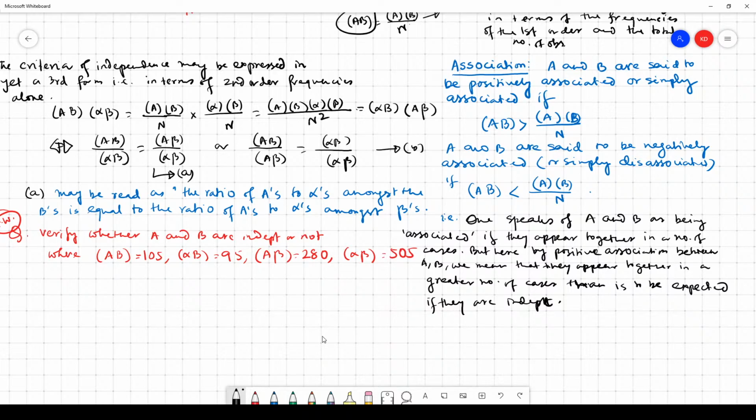The circumstances in which the association between two attributes is said to be complete can be explained in two cases.